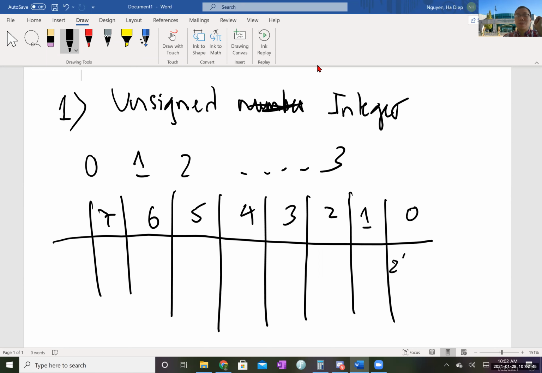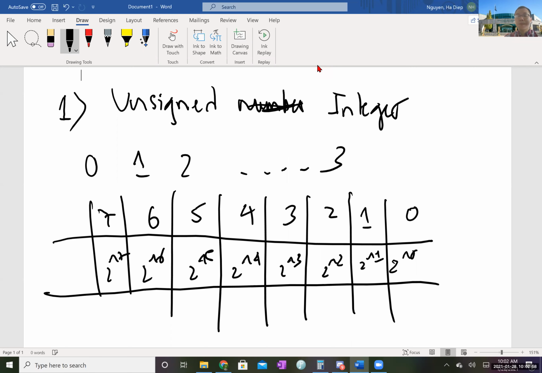You have 2 raised to 0, 2 raised to 1, 2 raised to 2, 2 raised to 3, 2 raised to 4, 5, 6, and 7. From that, you have 1, 2, 4, 8, 16, 32, 64, and 128 here.